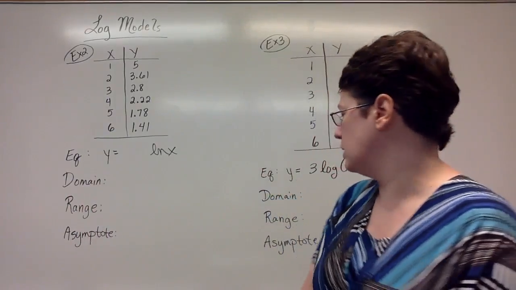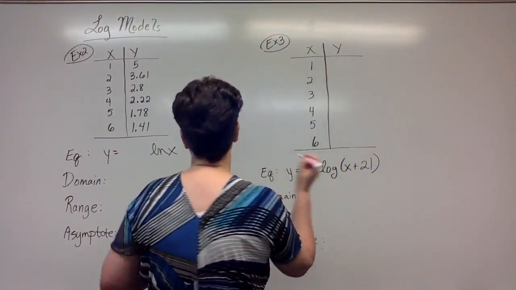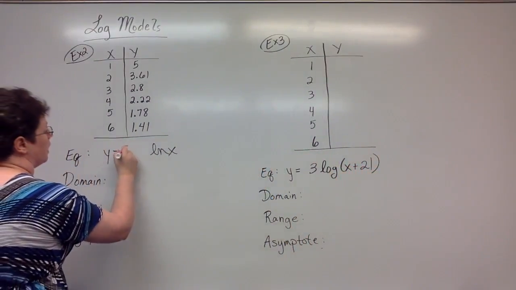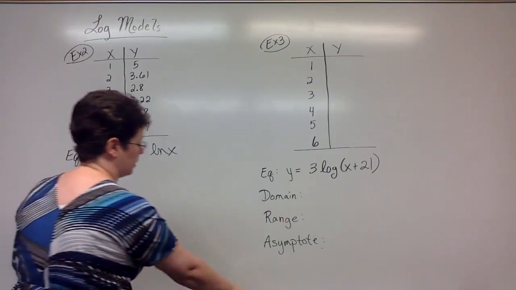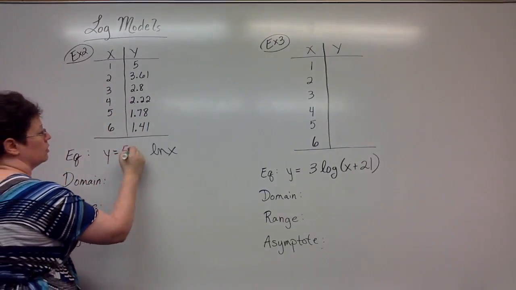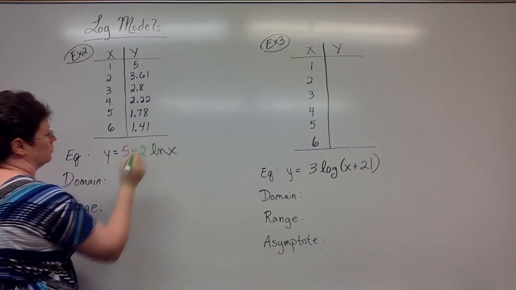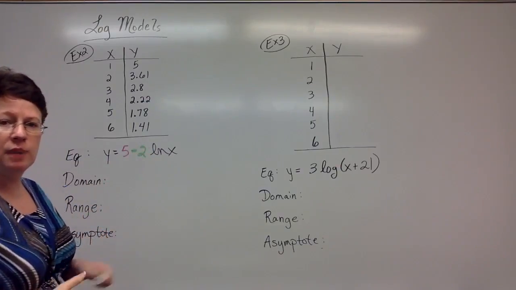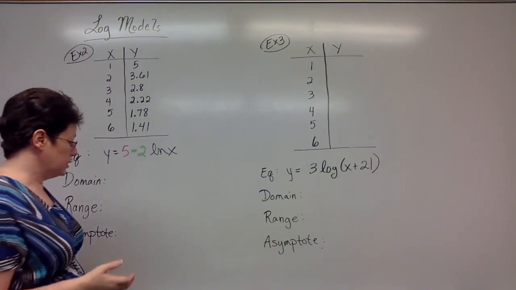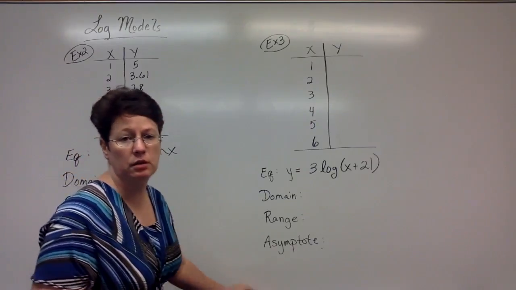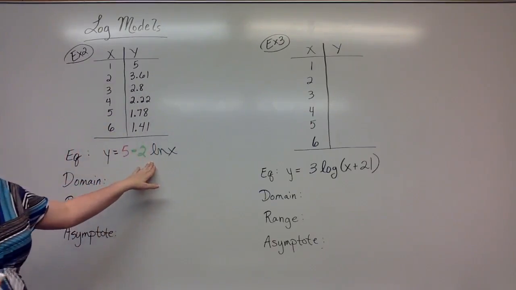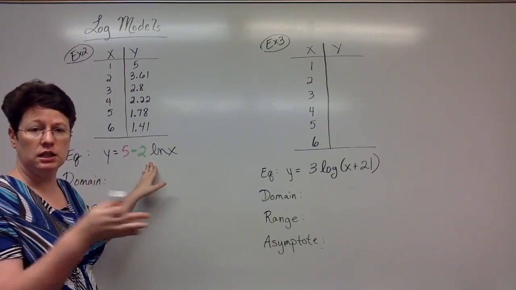Let's put those in our equation. My A value is 5, and my B value was negative 2. All right, so I have my A and my B. Now we had just said something very important about our domain. Did we shift this left and right? No, we didn't.